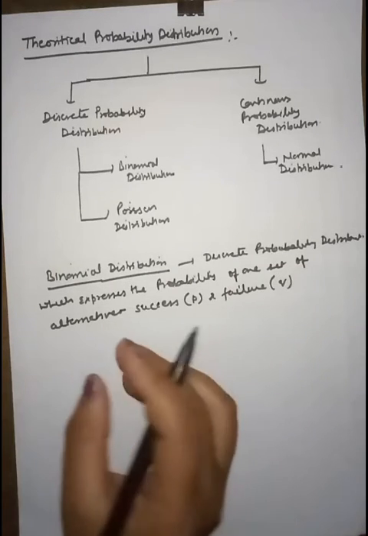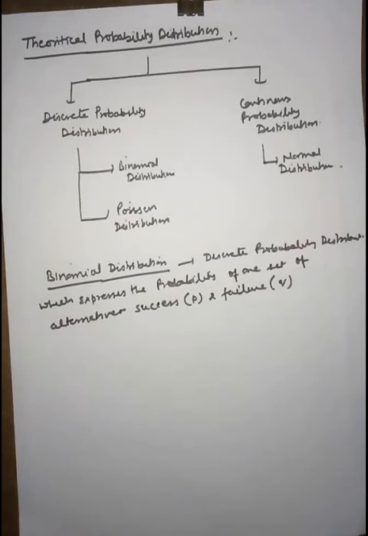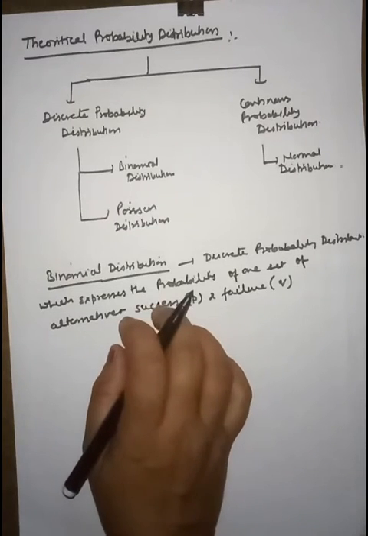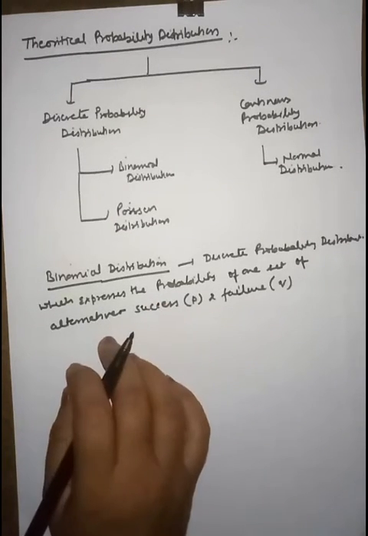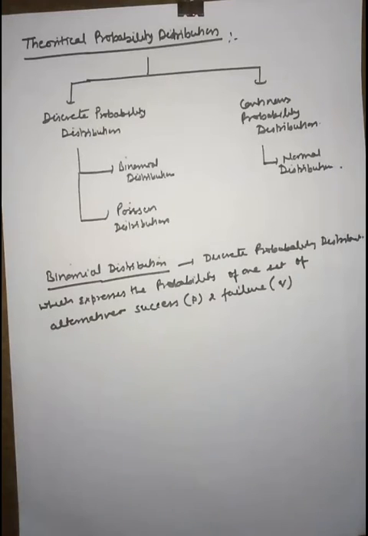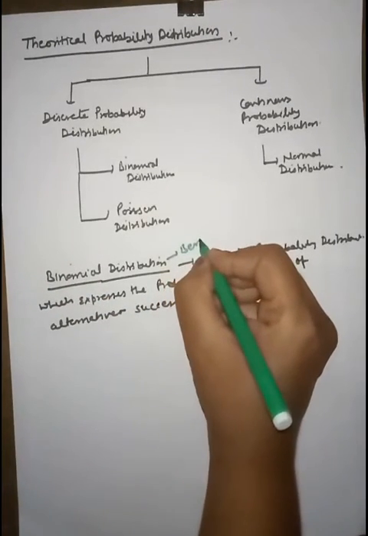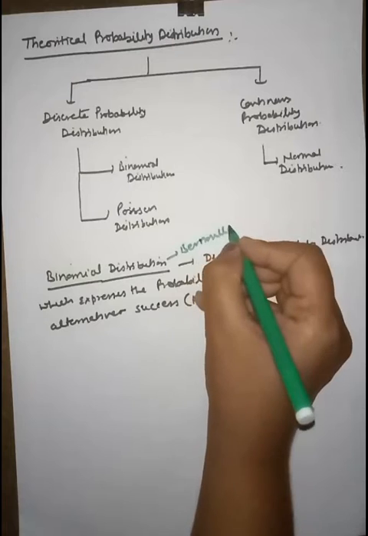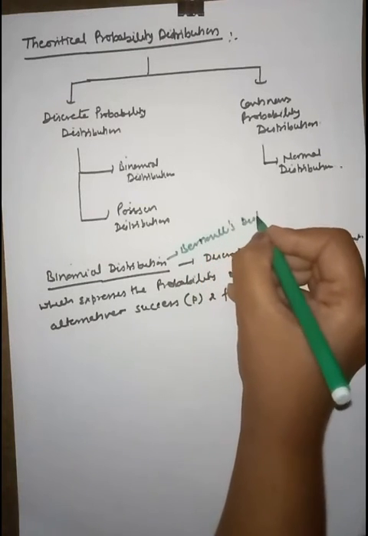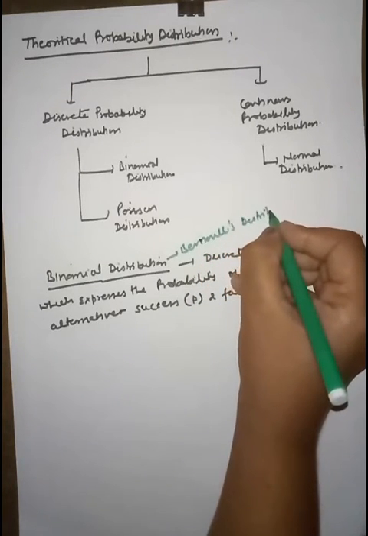The binomial distribution is also called the Bernoulli distribution. Its other name is Bernoulli distribution.